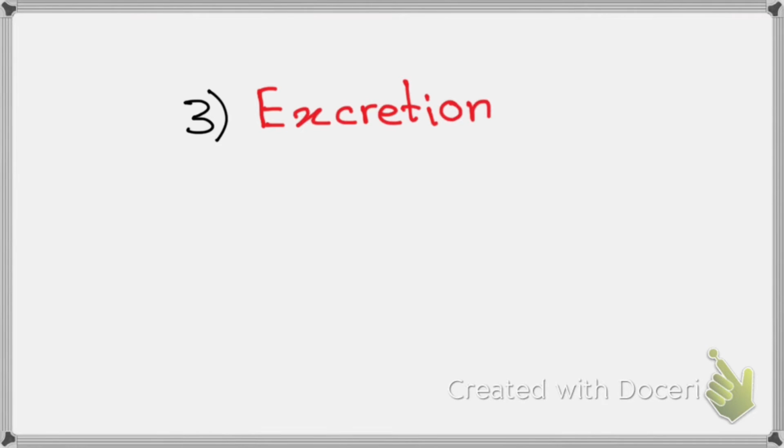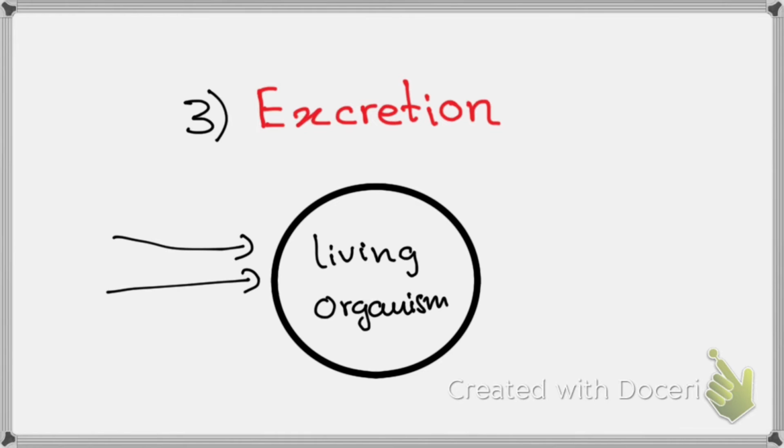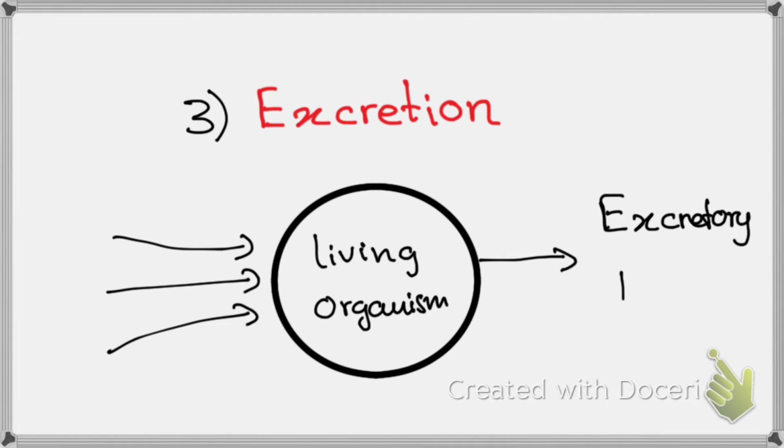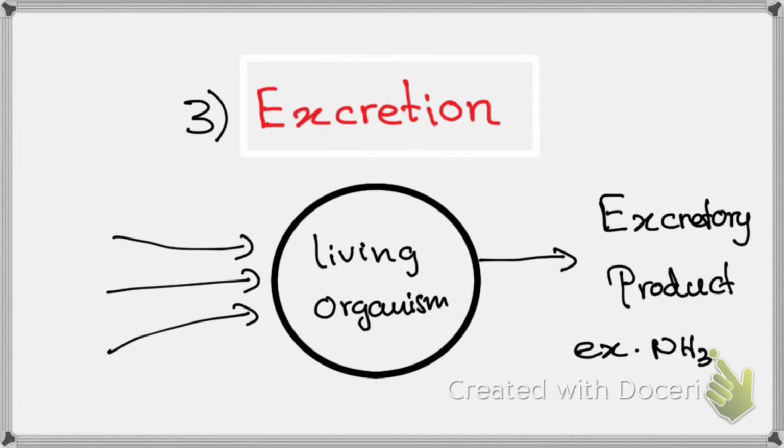They have a mechanism for excretion. Organisms eat or get things into the body, and then there are reactions, and as a result of that many waste materials are produced. So there should be a way to remove these unwanted waste materials. That process is called excretion.